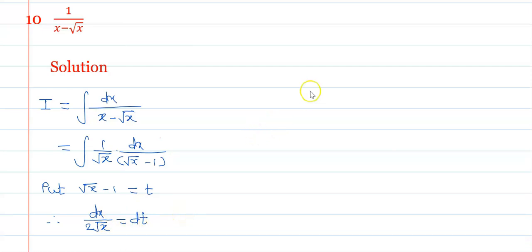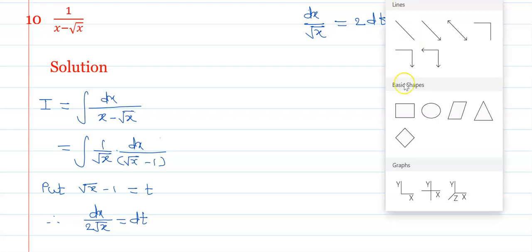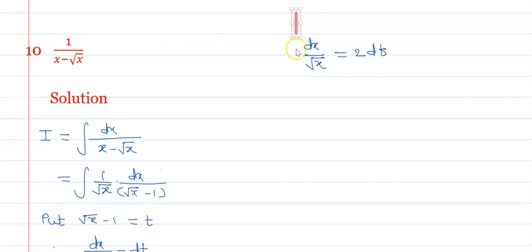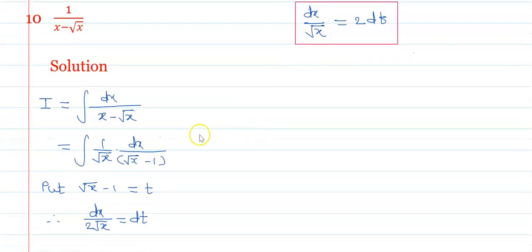And again, I require the value of dx upon root x, that is equal to 2 dt. This is important.